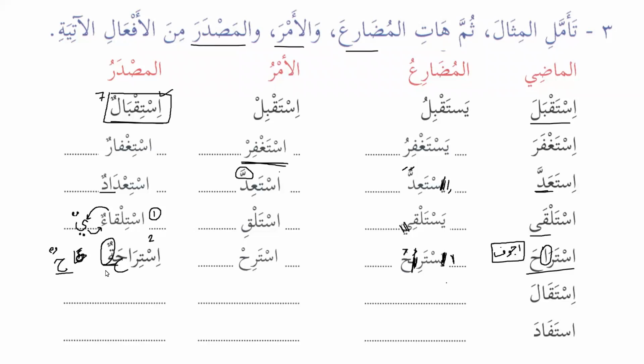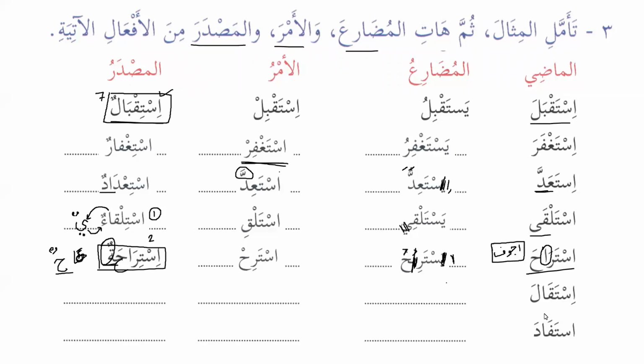Idafatan. You know idafa, we talk about this possessive phrase a lot, yeah? Idafa yudifu, idafatan. Similarly, we have anaba yunibu, inabatan. And there are so many verbs like that. Whenever they are ajwaf, inshallah you will see that in the masdar there will be an extra ta marbuta, and it only happens when the verb is ajwaf.